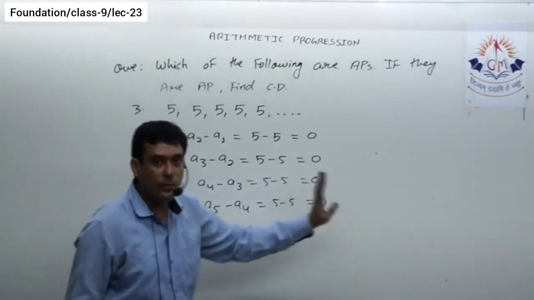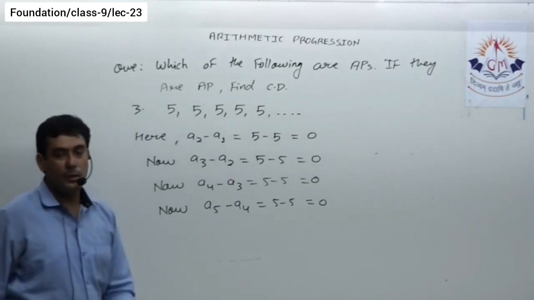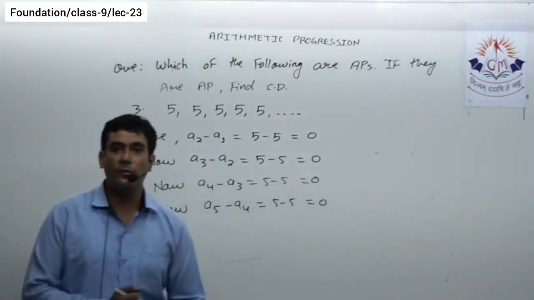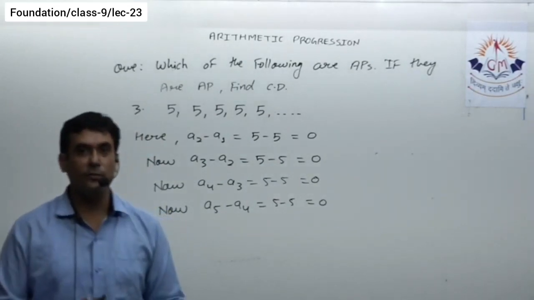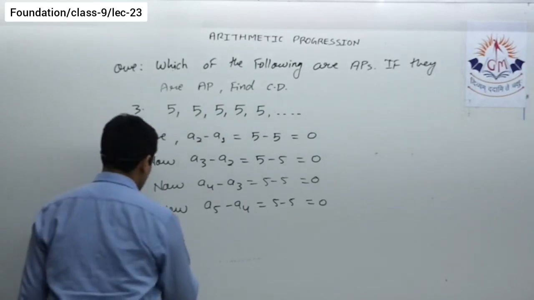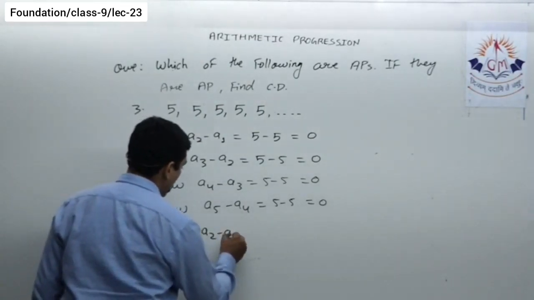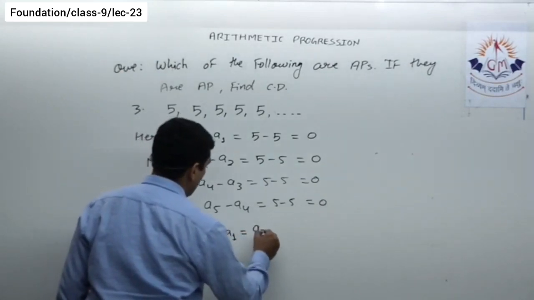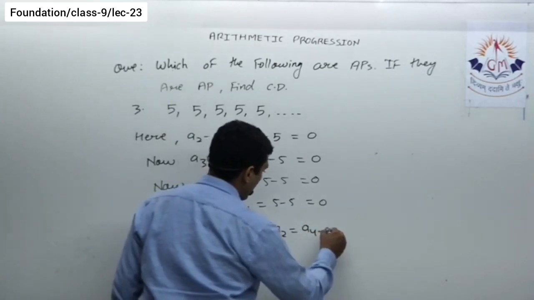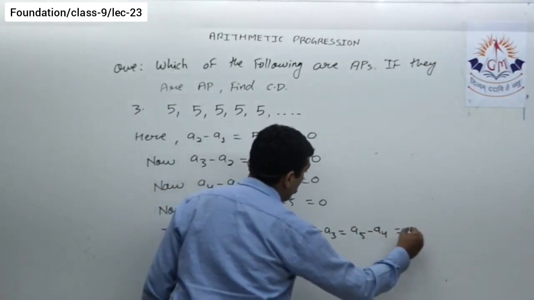We are getting 0 in all cases. 0 is a constant. So this also represents an AP. It means the common difference of an AP might be positive, might be negative, or might be 0. Thus I can conclude A2 minus A1 is equal to A3 minus A2 is equal to A4 minus A3 is equal to A5 minus A4 is equal to 0.